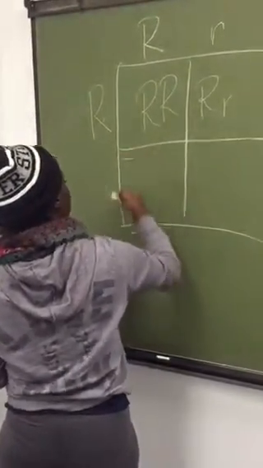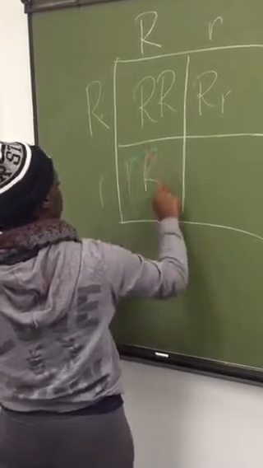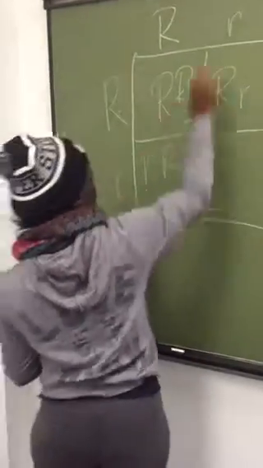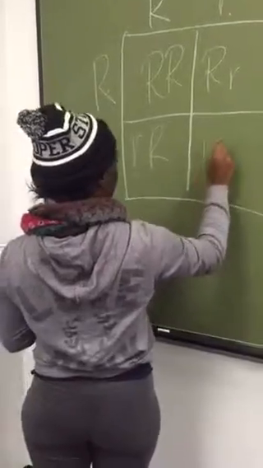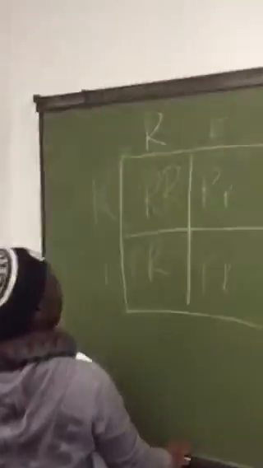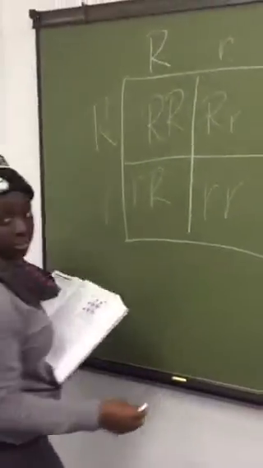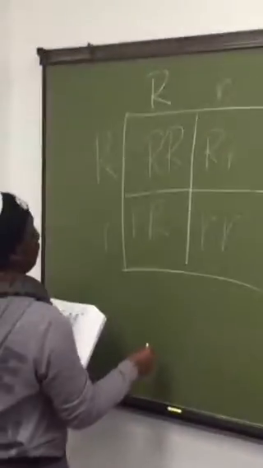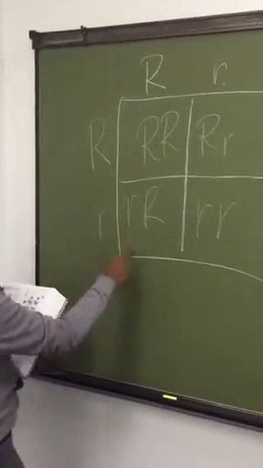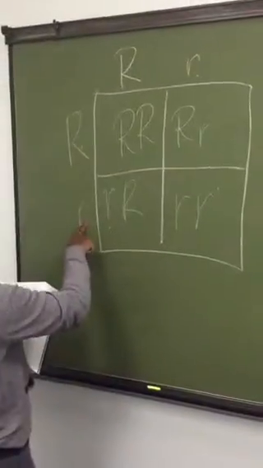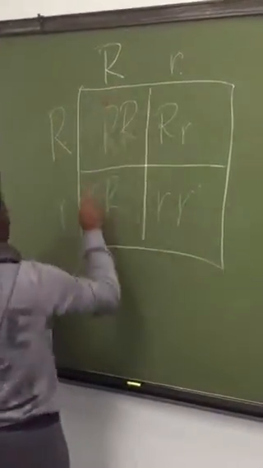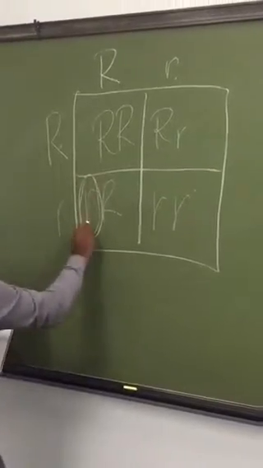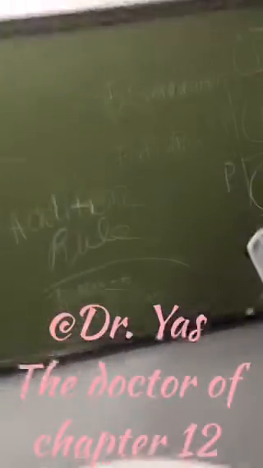Excuse me, little r, big R. And this times this makes little r, little r. That is how you demonstrate the multiplication probability. The difference between this one and this one is that now when you multiply these, the little r is in front, and the big P is in front.